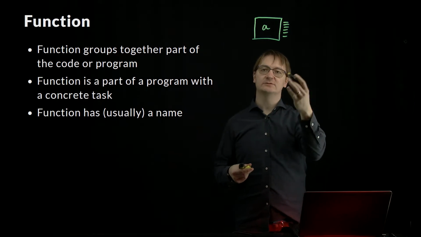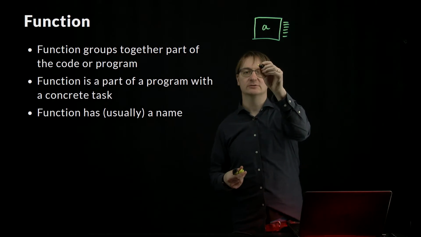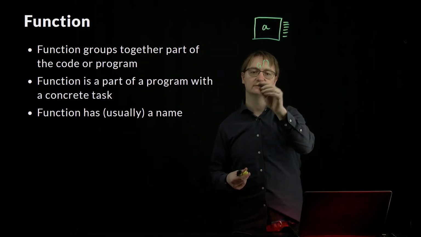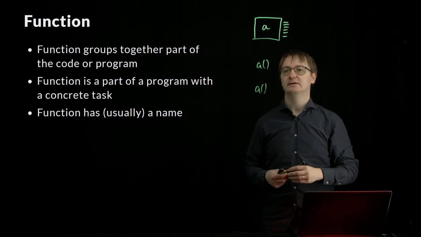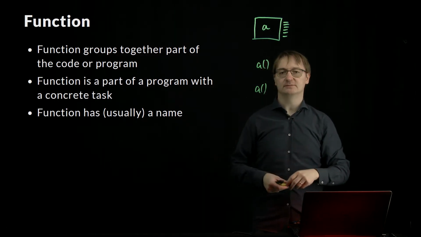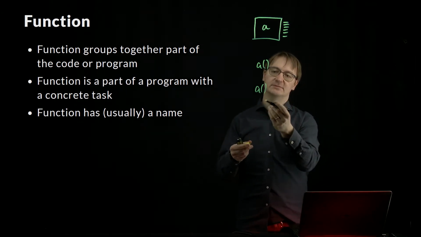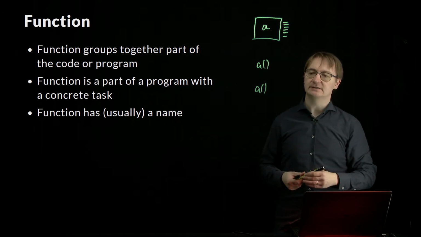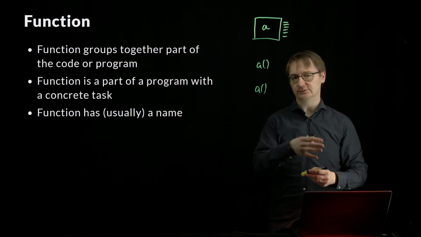And now if I want to call this function, I can just say in my code, let's call this A, and sometimes later I can also call this same function. So basically we can think about it as, let's say we have a recipe, and inside the recipe you have different kinds of tasks you have to do.